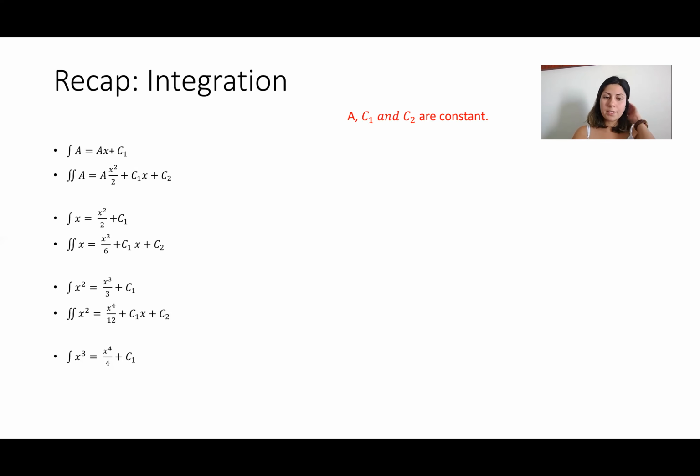If you have x cubed, you will get x to the power of 4 divided by 4 plus c1. And for the double integration, you will get x to the power of 5 divided by 20 plus c1x plus c2.